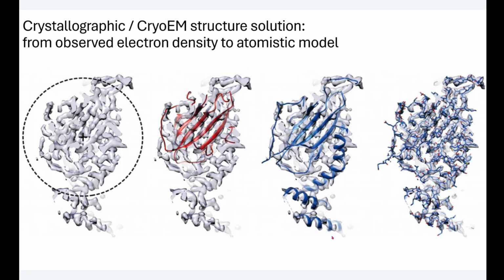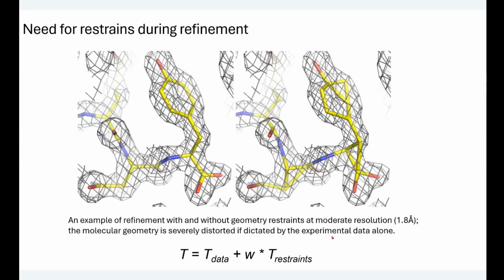And the final model has to not just reproduce the observed density. It should be correct from the structural viewpoint. So the bonds should be there, the topology, the amino acids as we know them should be in place.